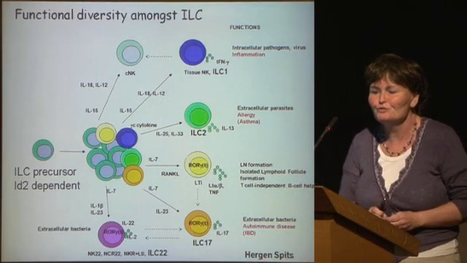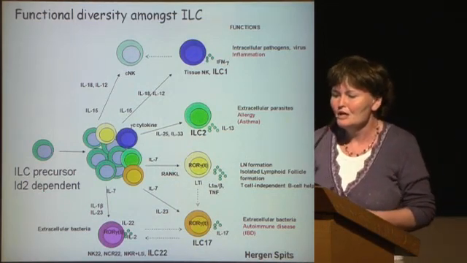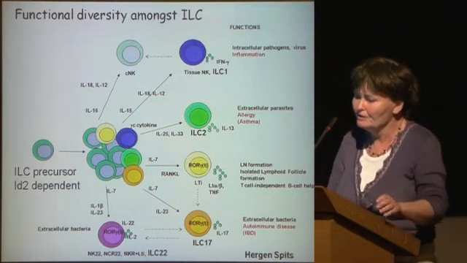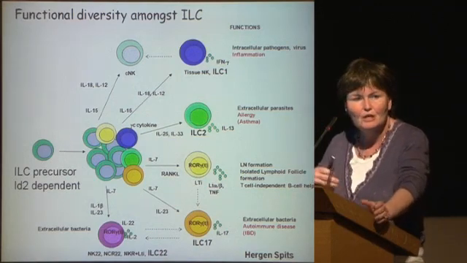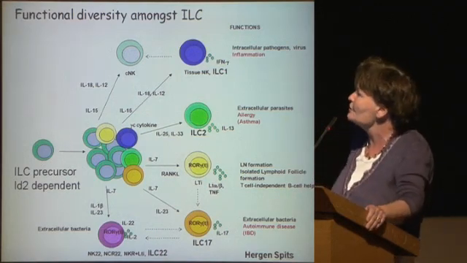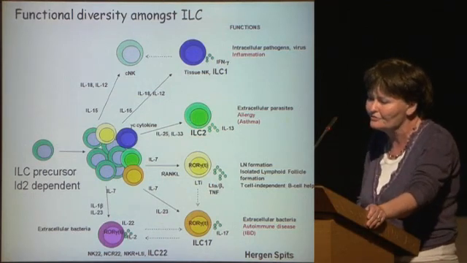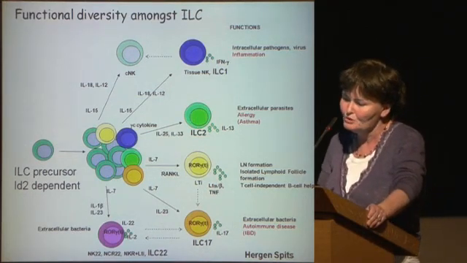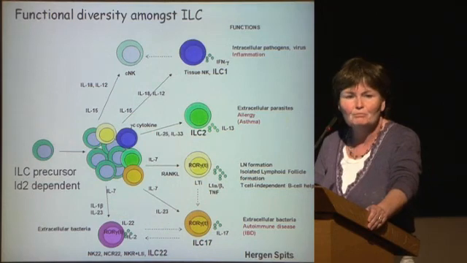This is a slide given to me by Jürgen Spitz. Of course, there has been a lot of interest in these populations of innate lymphoid cells. I won't go through all of these because Gerard has outlined them to you, and Jim Santo will talk about this in more detail.